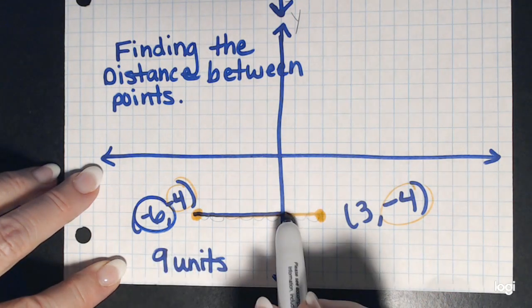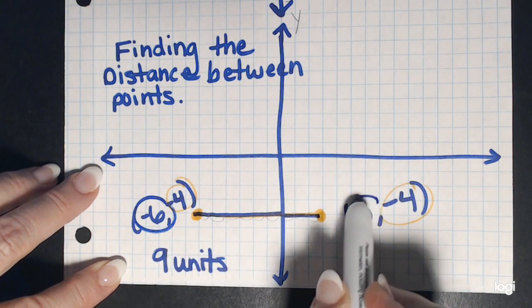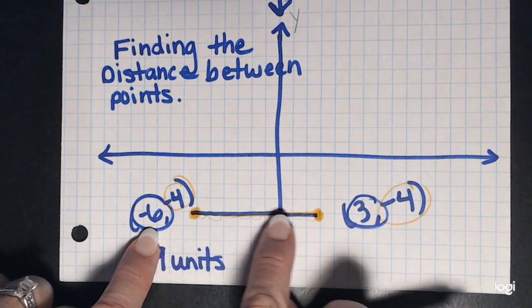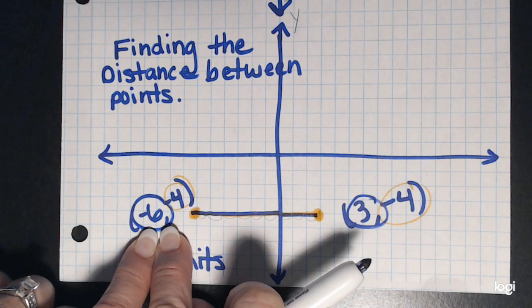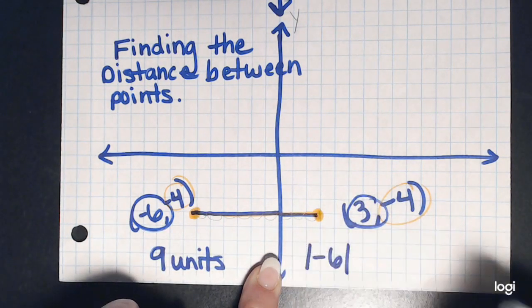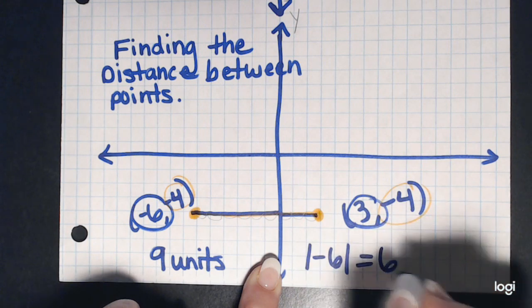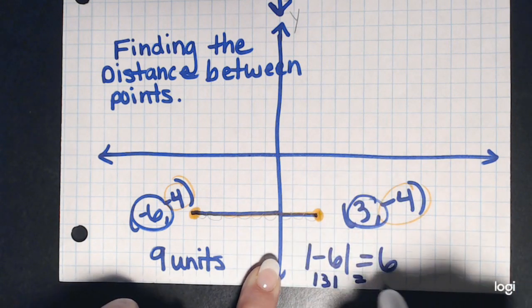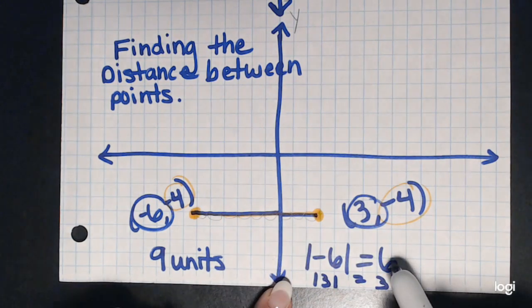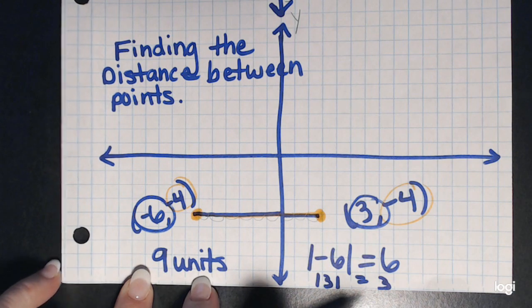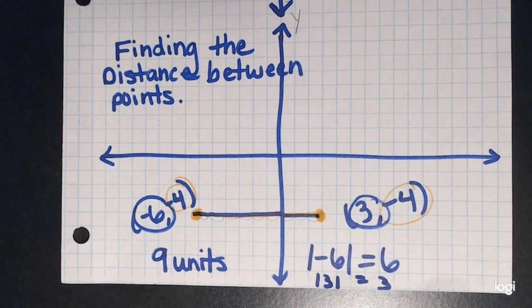And from the y-axis to the right, I went 3 units. What is the absolute value of negative 6? Remember, absolute value. Well, the absolute value of negative 6 is 6. And what's the absolute value of 3? Well, that's 3. And if you add those 2 numbers together, you will also get the same answer.